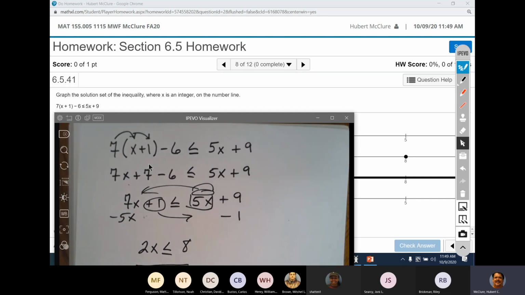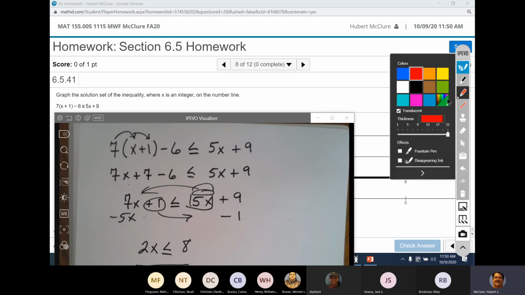Now, everything's the same on this, except, let's take our handy dandy highlighter out. We're gonna take this red highlighter and highlight that word right there, integer.